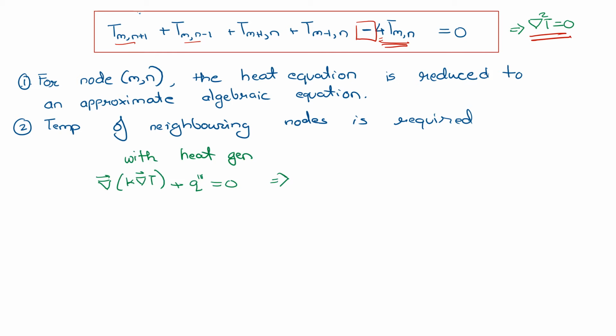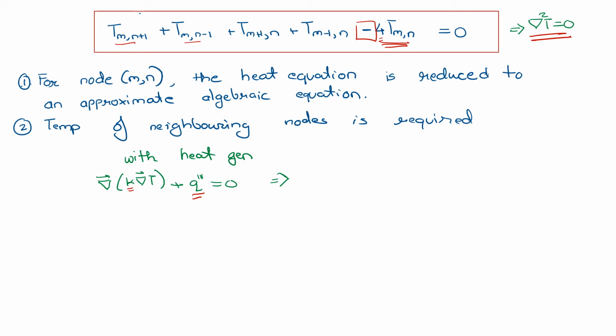So in this particular case, we had assumed that there is no heat generation involved. But if there is heat generation involved, we'll have a Q triple prime term in the original heat diffusion equation. And for that equation, we had assumed that K was constant.